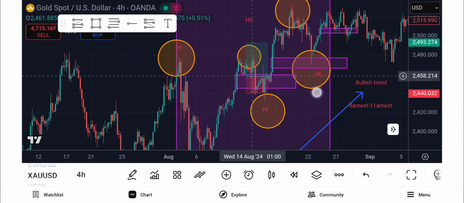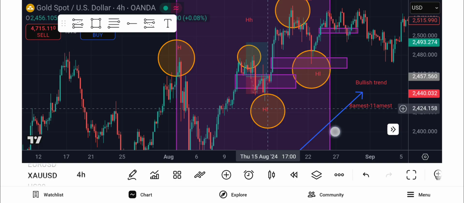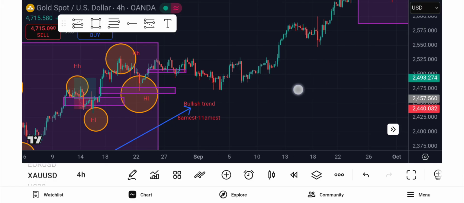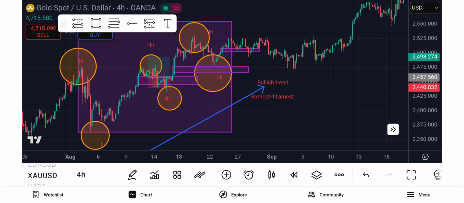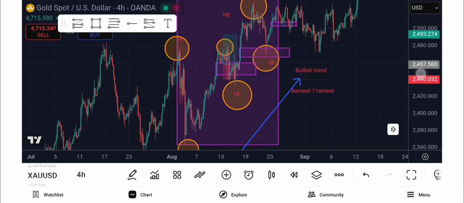Now this fair value gap looks like it's still holding. Why? Because this high is still holding and it hasn't taken out this low here. So remember, I didn't do it yet, but that's what I'm gonna show you in the bearish trend.